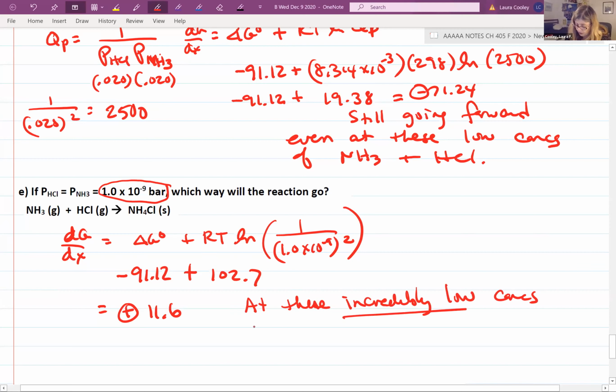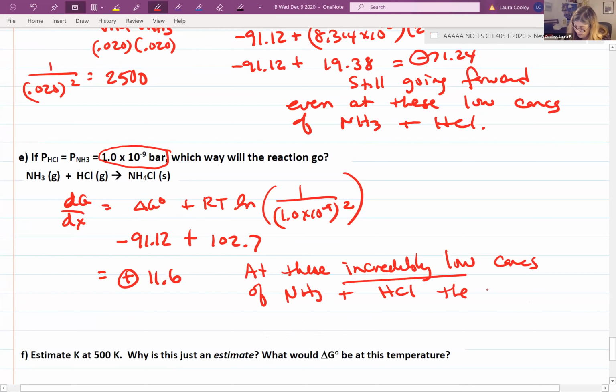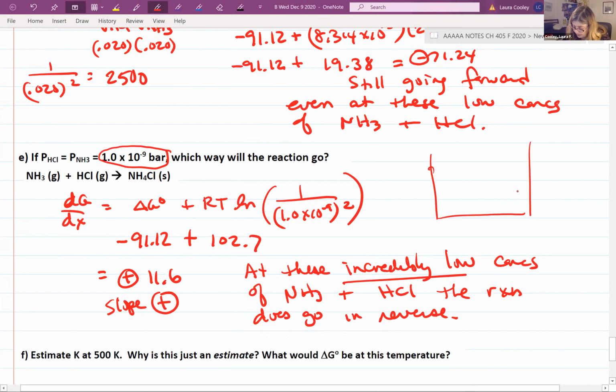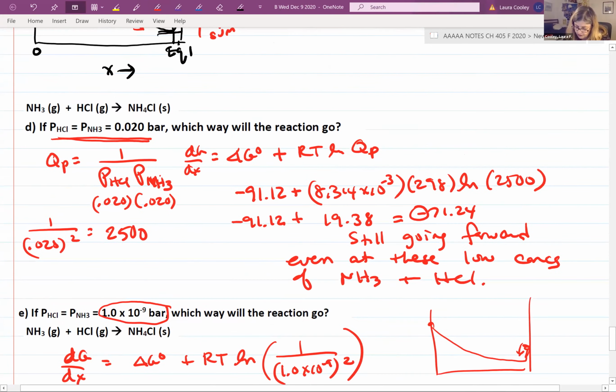At these really low concentrations of ammonia and hydrochloric acid gases, the reaction does go in reverse, because the slope is positive. So we are finally over into this part of the graph. It's a terrible drawing, but it's over here.